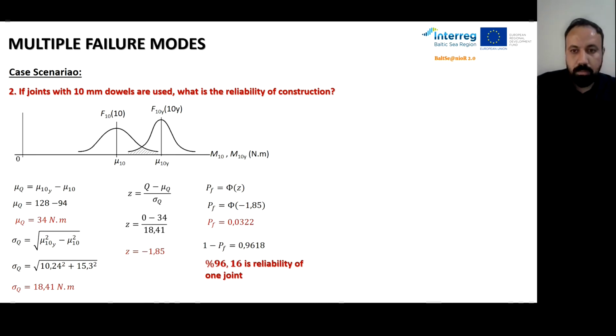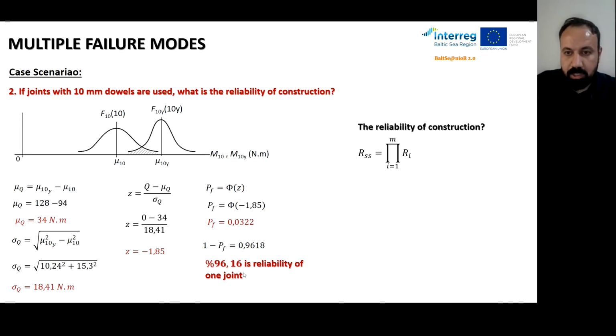Again, this system is linked in a series system, because joint 1 has 10 mm dowels, joint 2 has 10 mm dowels, and every corner joint pertains to one joint here.